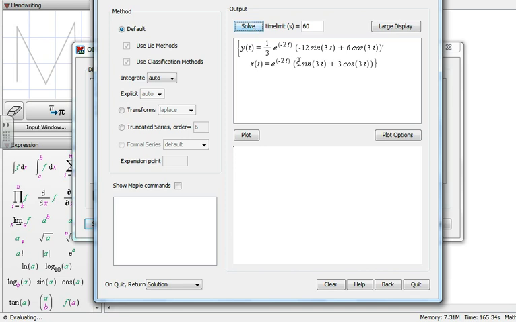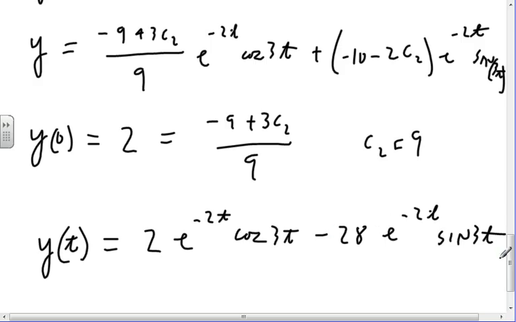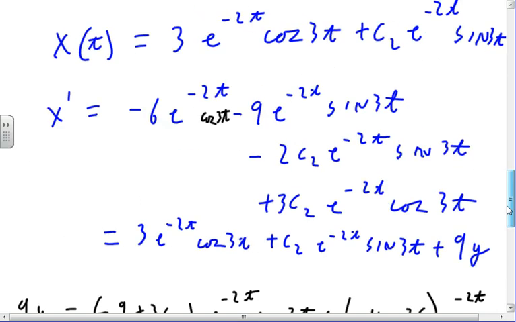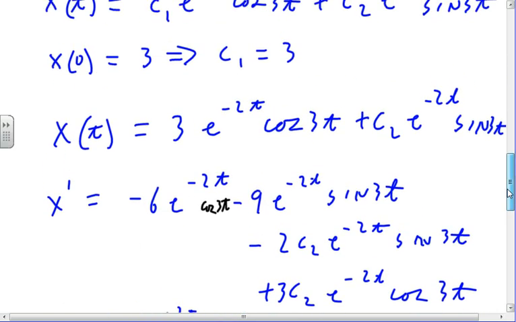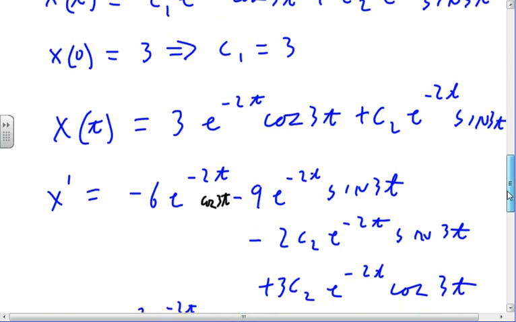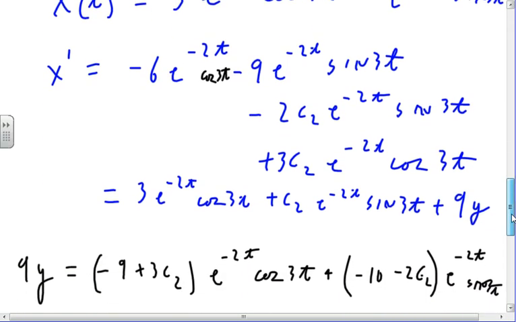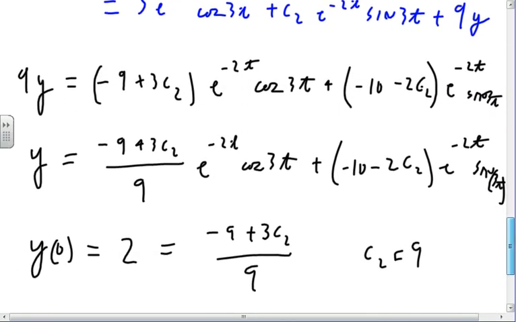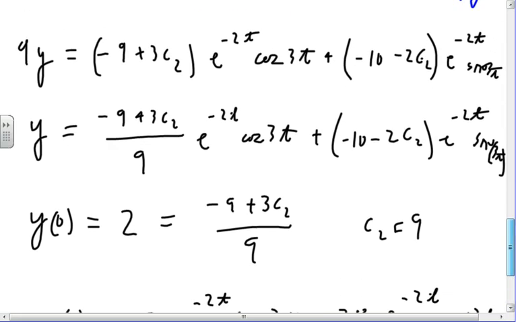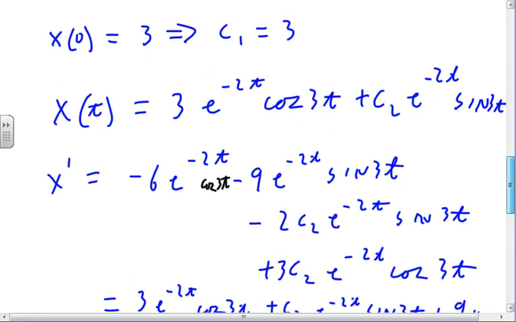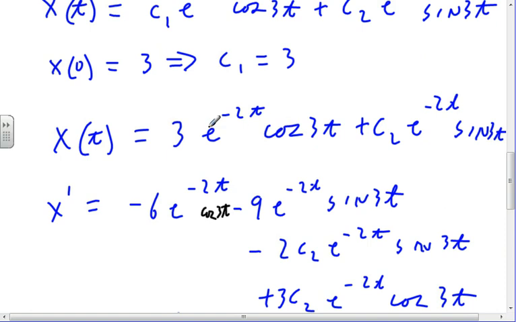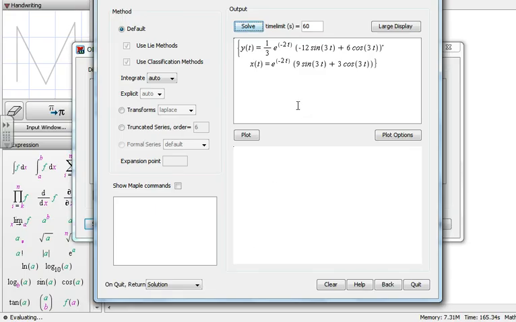Okay, x of t, 9 sine, 3 cosine. We never solved for x of t. But C2 is 9, so it would be 9 sine, 3 cosine. Is that what it said? 9 sine, 3 cosine. So we got x of t right.